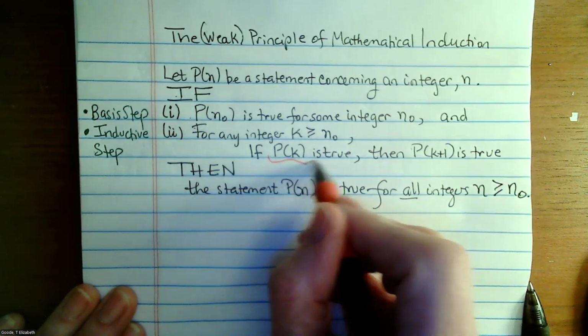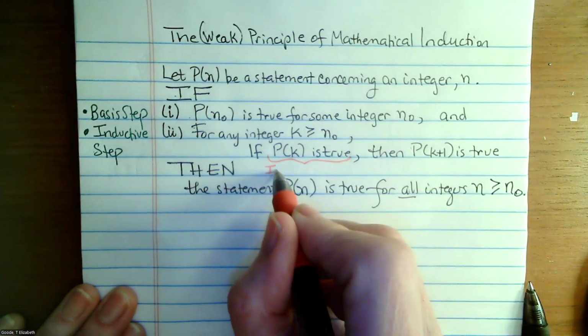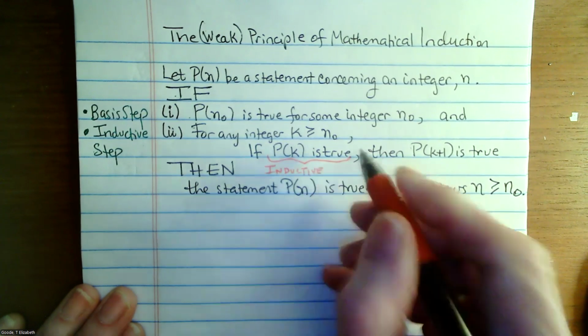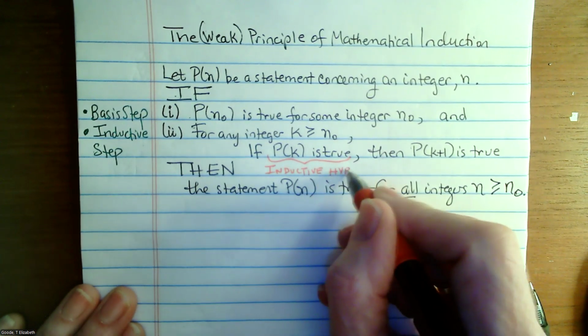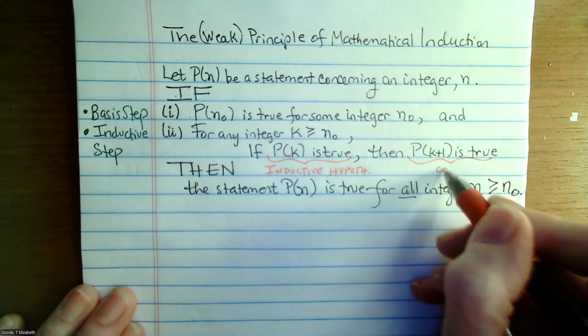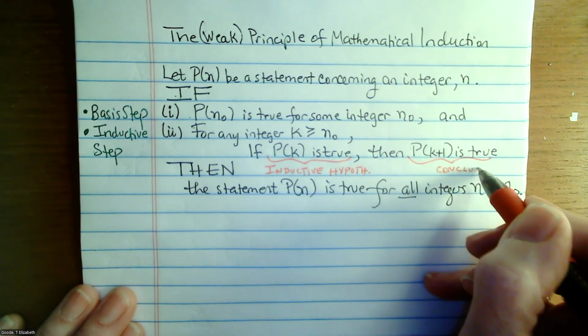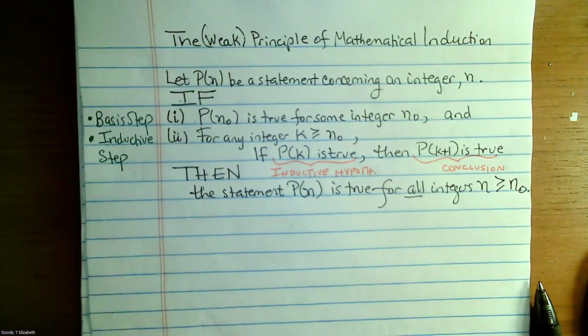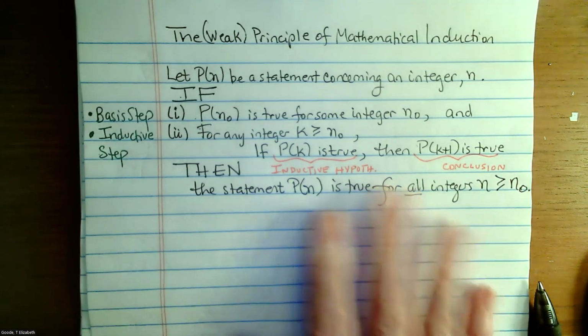This is the inductive hypothesis. Usually we prove the if-then directly. We'll assume the inductive hypothesis, and then our wish is to show this conclusion, that P evaluated at k plus 1 is also true. So that's the principle.